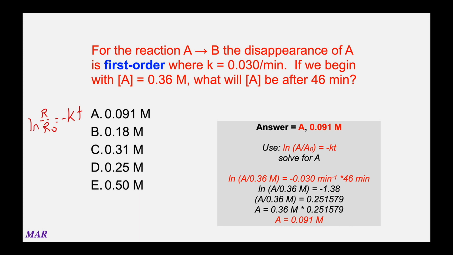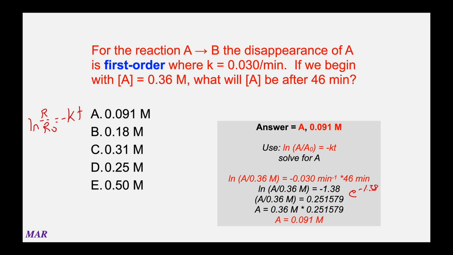So math to the rescue. Let's solve for A. I used A's here when I just wrote down R's. Sorry, this is my constant turmoil as an instructor. Anyway, we're solving for A or R, whichever you want, it doesn't matter. First of all, you want to get minus KT. Then you use the inverse natural log, so you would go e to the negative 1.38.